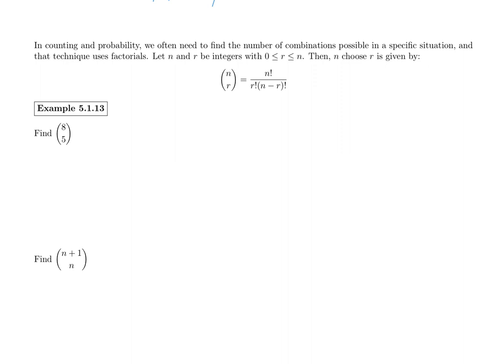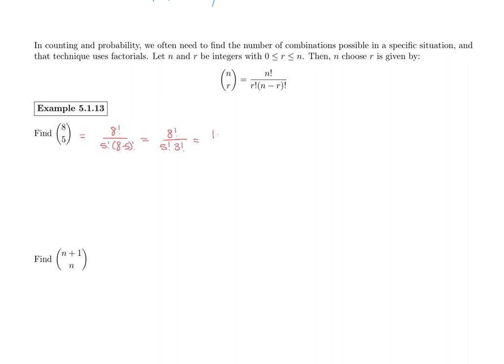So if we have n items and we want to choose r of them, that formula is n factorial over r factorial times n minus r factorial. So if we have 8 choose 5, then we have 8 factorial over 5 factorial times 8 minus 5 factorial, or 8 factorial over 5 factorial times 3 factorial.